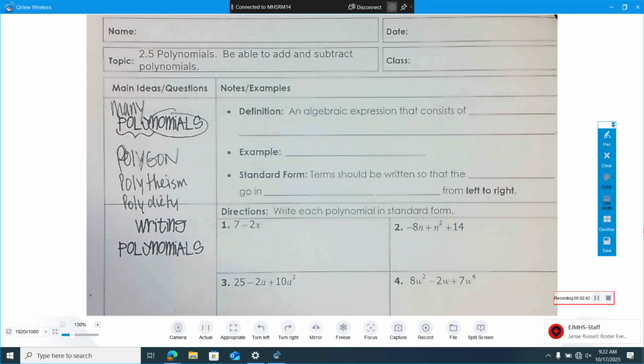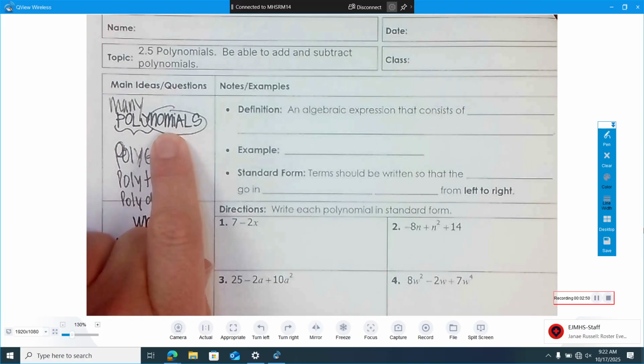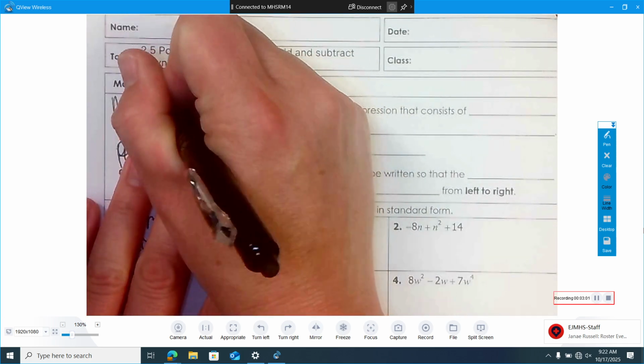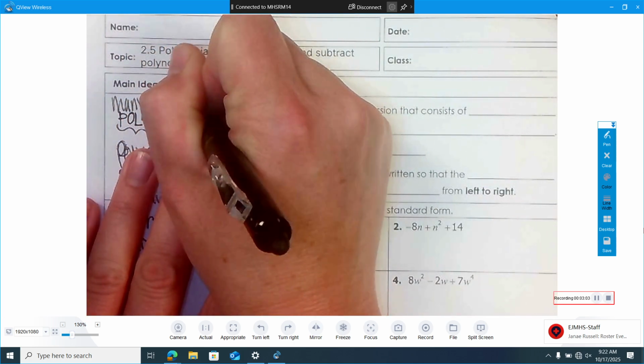Is anybody in Spanish in here? Yeah. ¿Qué es tu nombre? So nomials, like nombre, is name. And so this has many names, but in math we translate it to many terms.